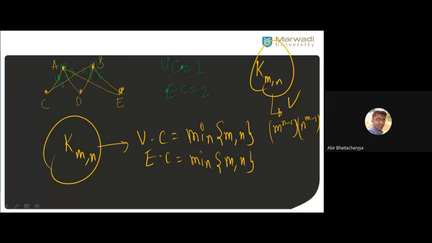Number of spanning trees for Kmn is m power n minus 1 times n power m minus 1. Don't need to prove that.